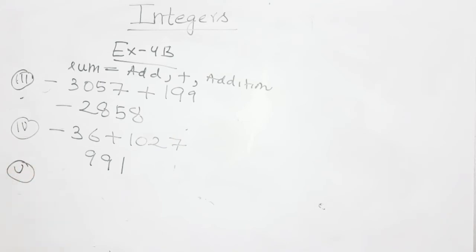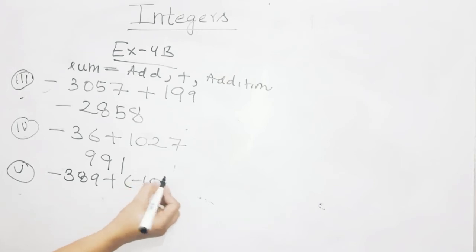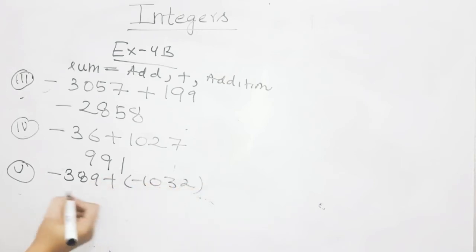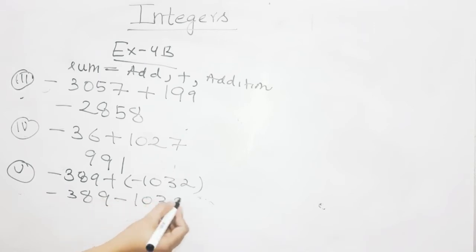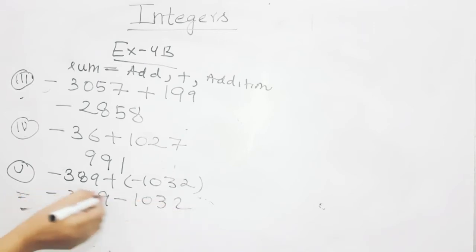Coming to the fifth option. The fifth option is minus 389 and minus 1032. So minus 389 plus minus 1032, plus minus is minus, right? Minus minus.